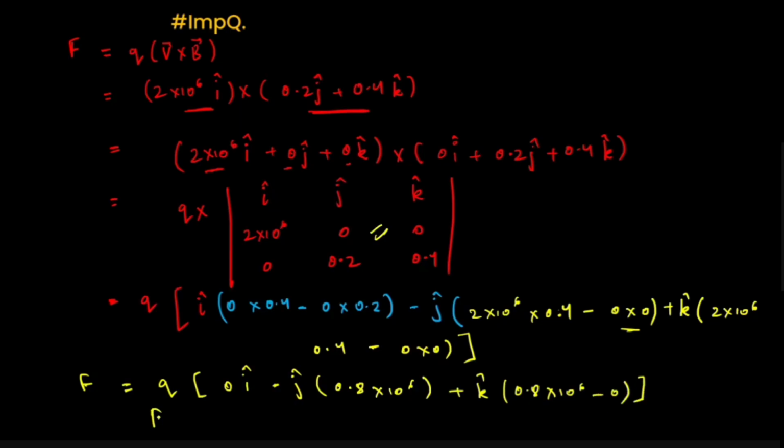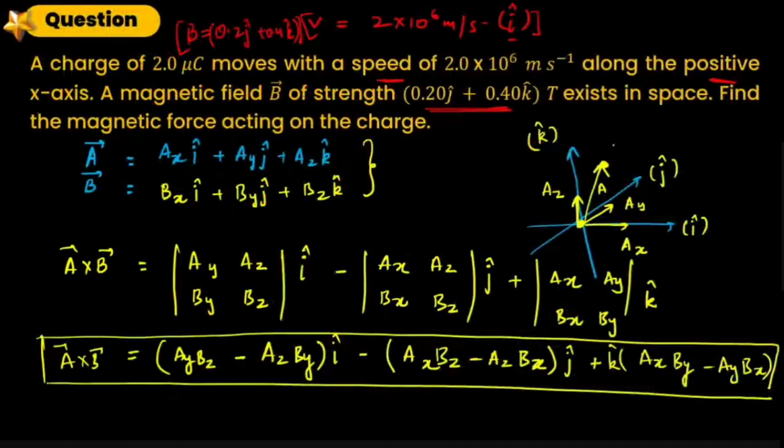So ultimately we have the force as charge times minus 0.8 times 10 to the power 6 j cap plus 0.8 times 10 to the power 6 k cap. And if you look at the value of charge, that is 2 microcoulombs.